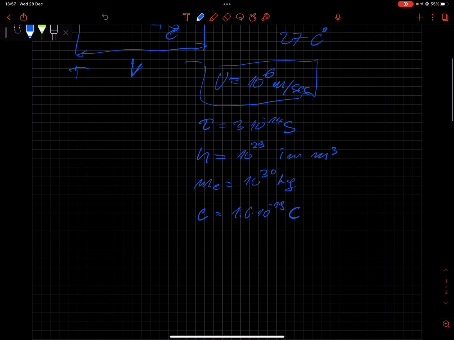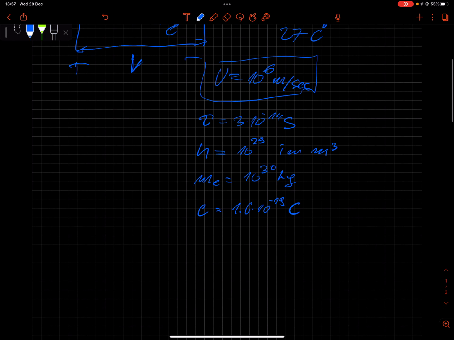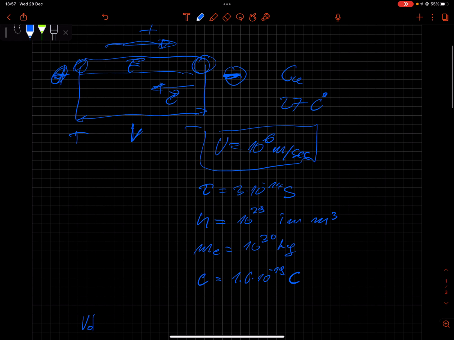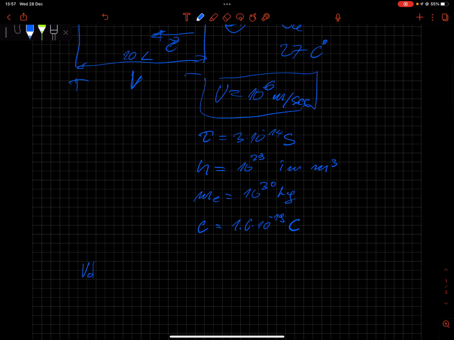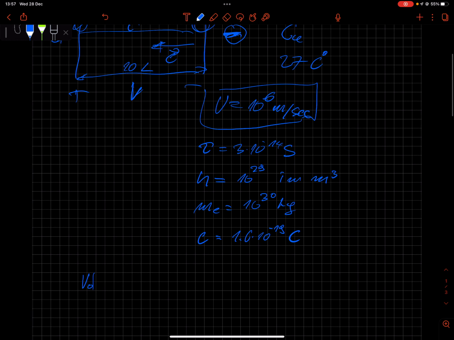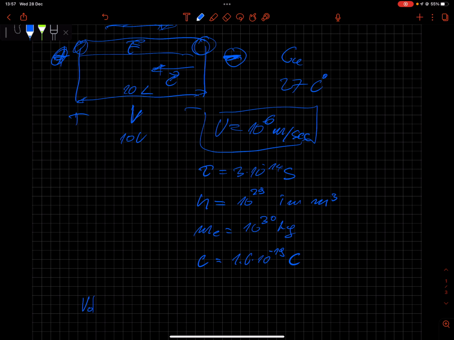Now let's try to calculate that speed of electrons. Let's say that we have a wire which is 10 meters long, and let's say we apply 10 volts at the end of that wire.